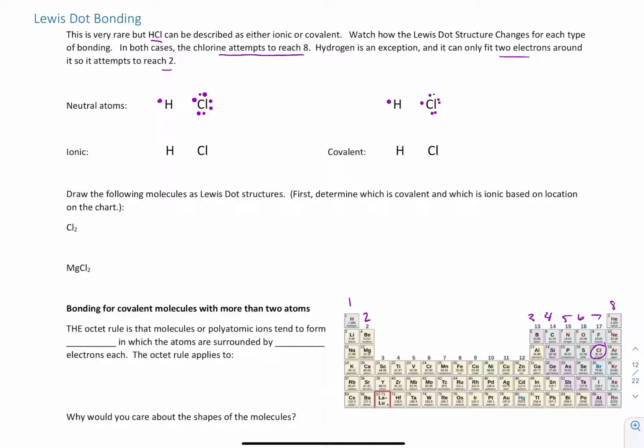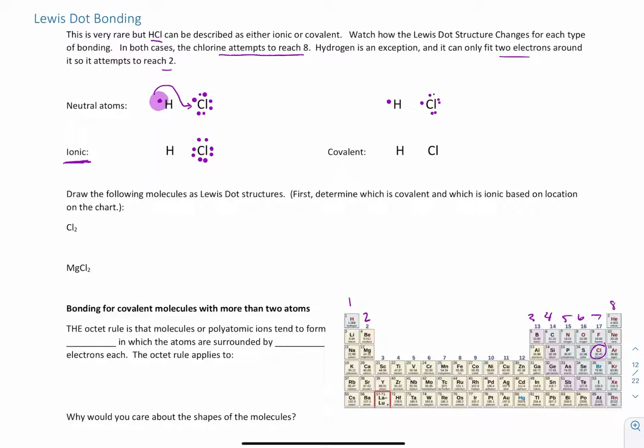So for an ionic bond, remember ionic bonds are about transferring electrons. And so what has to happen with the ionic bond is that this electron right here has to be transferred to that chlorine atom. So you end up with a total of your 8 electrons around the chlorine, and hydrogen ends up with no electrons.